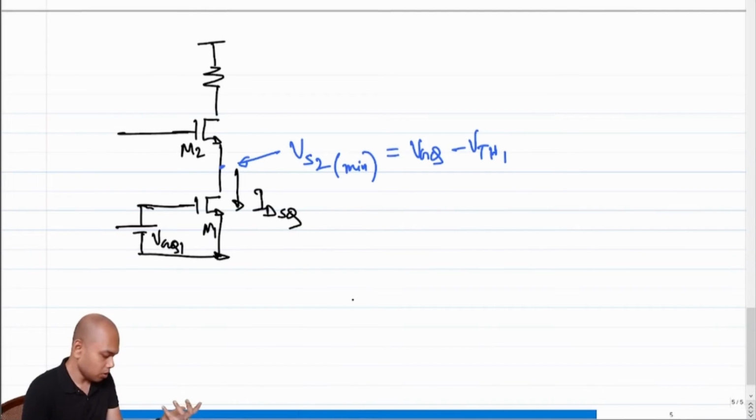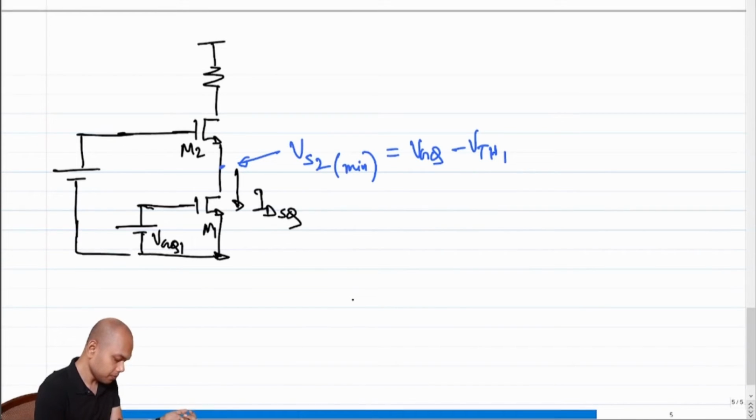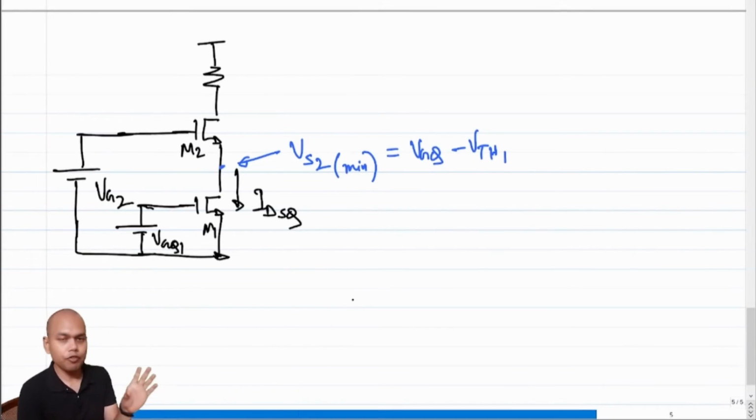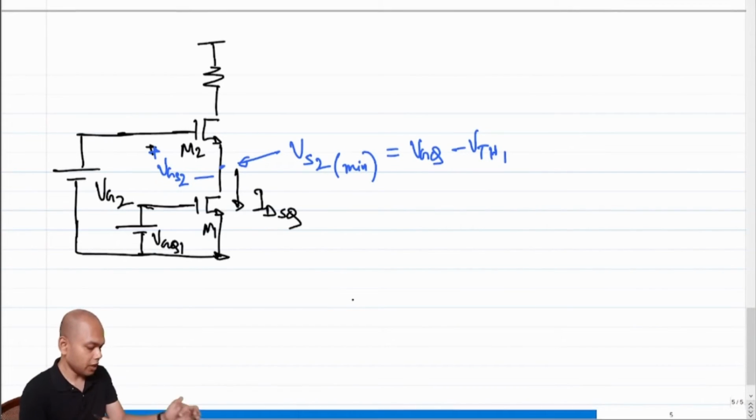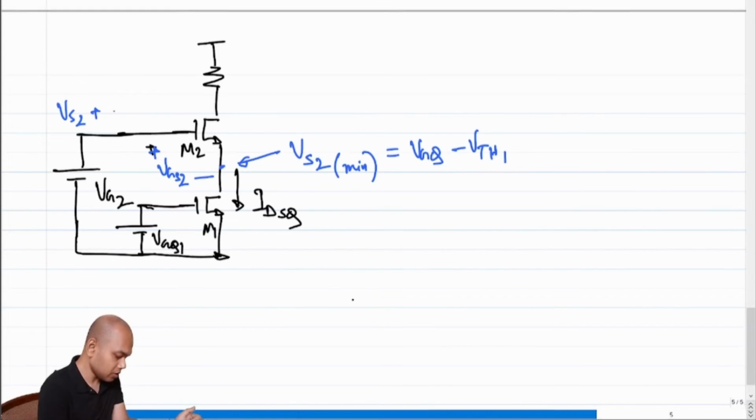Fine. So if this is the requirement of VS2, what has to be the requirement of VG2? VG2 has to be one VGS above VS2, right? Note that this voltage drop is VGS2. So VG2 has to be VS2 plus VGS2.